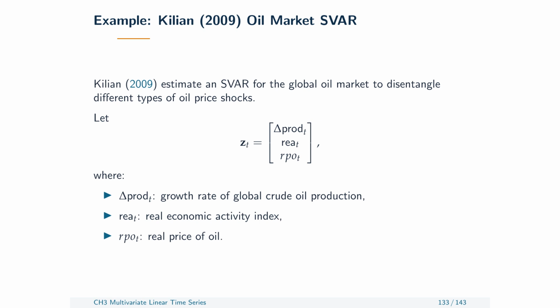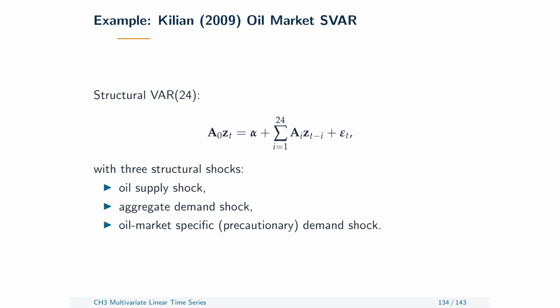The global oil market example uses oil production growth, a measure of real economic activity and the real price of oil. A structural VAR with 24 monthly lags distinguishes oil supply shocks, aggregate demand shocks, and oil market-specific precautionary demand shocks.